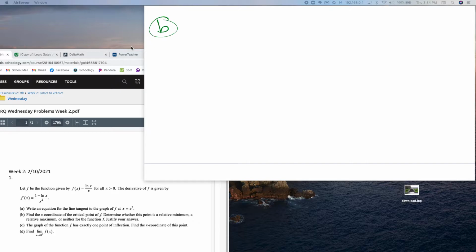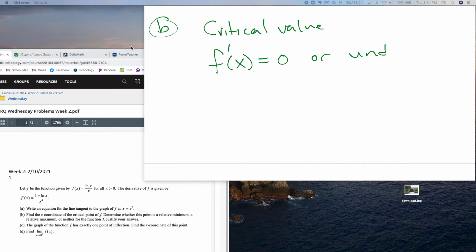So, for a critical value, we need f prime of x to equal 0 or be undefined. Notice that this is stipulated x greater than 0.